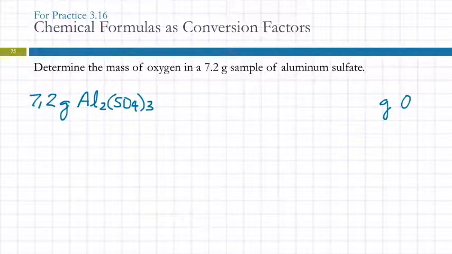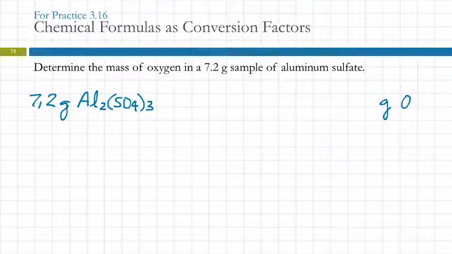If they told us the percent oxygen in aluminum sulfate, we could do this in 1 step. But they didn't tell us that. We could calculate the mass percent of oxygen in aluminum sulfate and use that. But that's not actually going to be any faster than just going through moles in the middle.